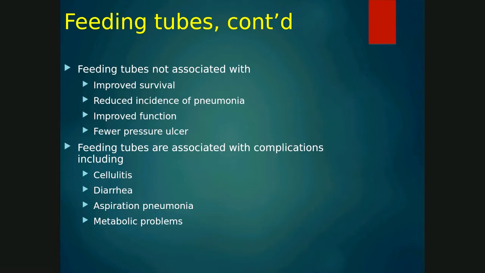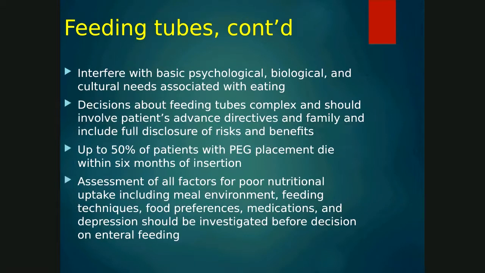So when you have a patient who is having trouble with swallowing and with feeding, you want to really do a thorough assessment with the rest of the team and think about all of the factors that could be playing into the lack of nutrition, between psychological factors, biological factors, cultural issues, because maybe there is room for improvement short of placing a tube.